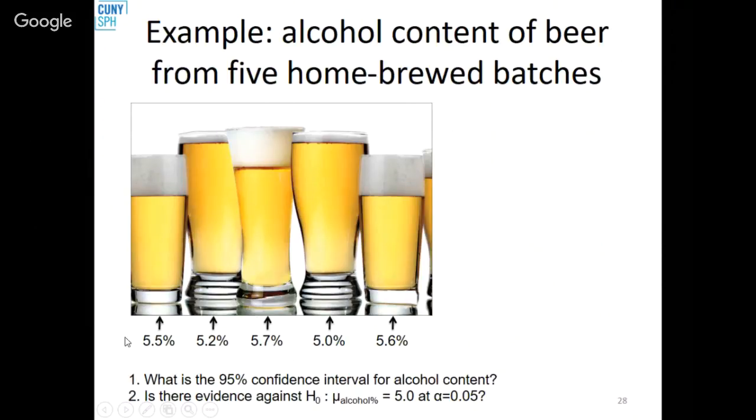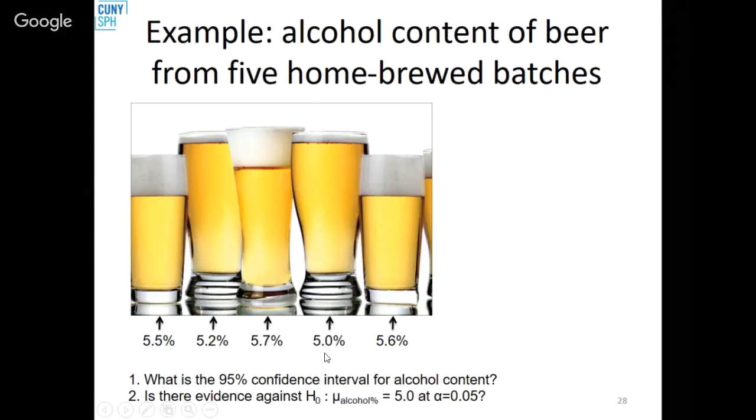So if I were going to actually go through this, for the 95% confidence interval, I would calculate the mean of all of these, and the standard deviation. I would divide that standard deviation by the square root of 5 to get the standard error.